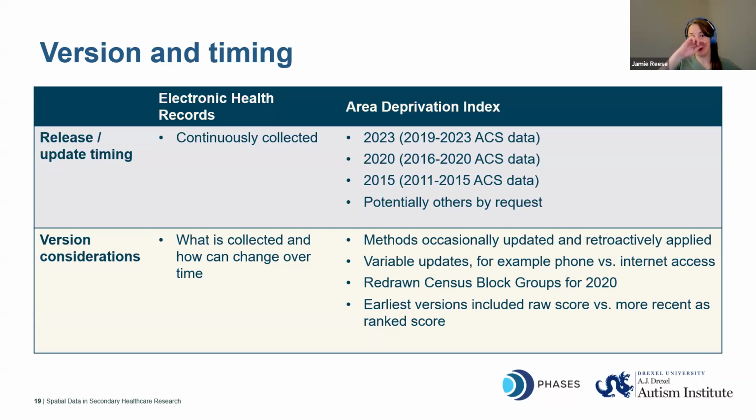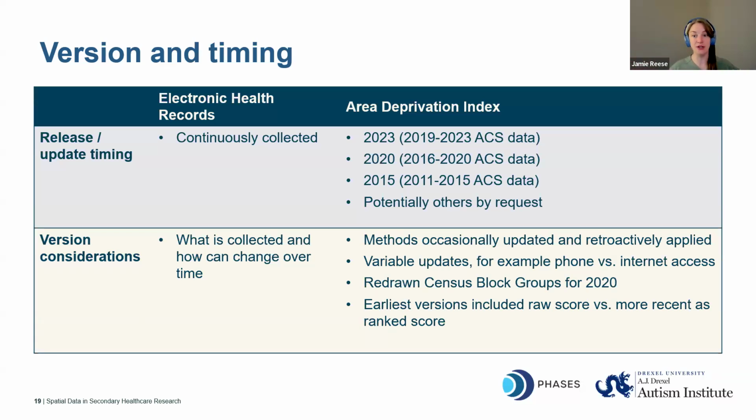They needed to account for census block groups being drawn in 2020, which is something that happens every 10 years. And there are ways to get at the historic boundary changes, but that is something that you have to account for.